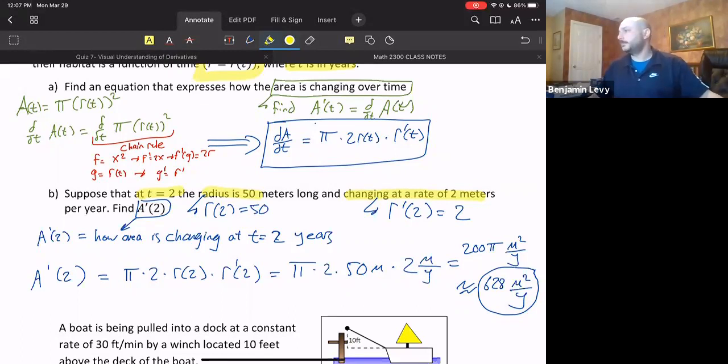What do you think? Clarify something there? Okay, I'm not going to dive into the next one because it's a little bit involved, but I thought maybe I would just do one of the homework problems.